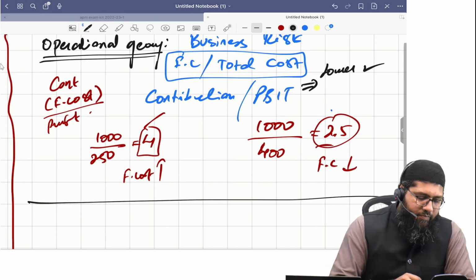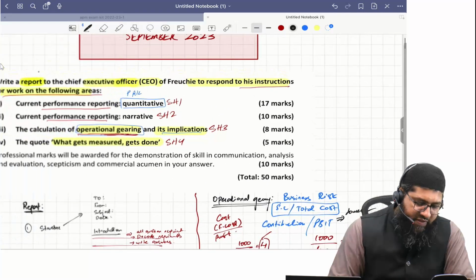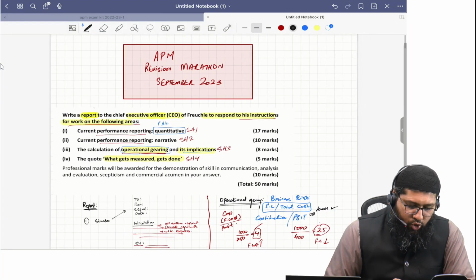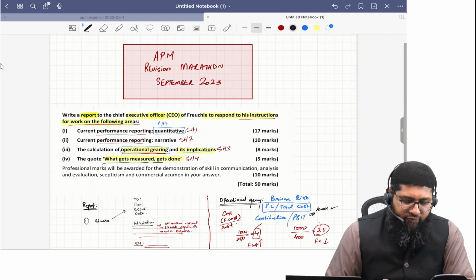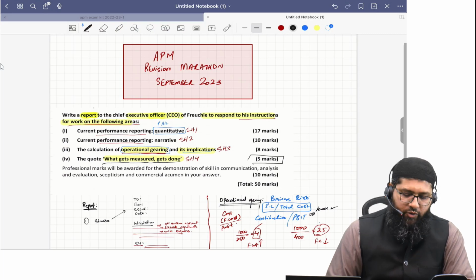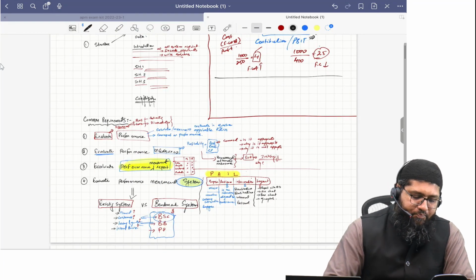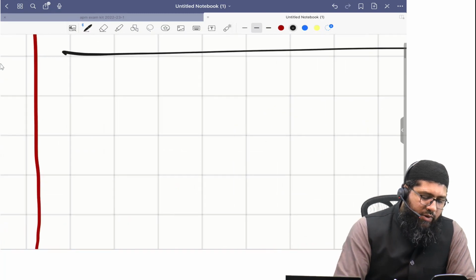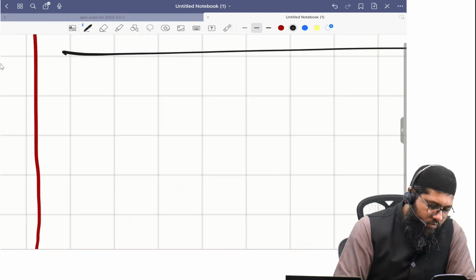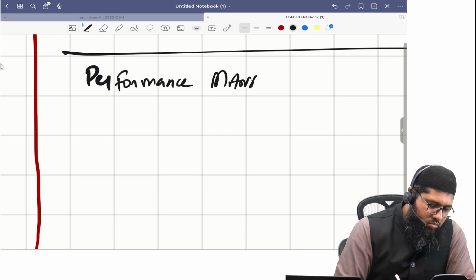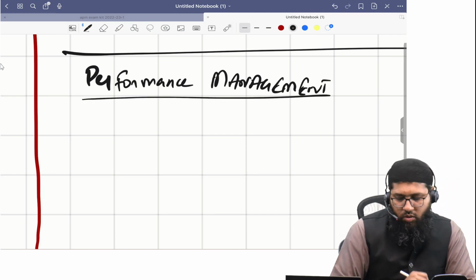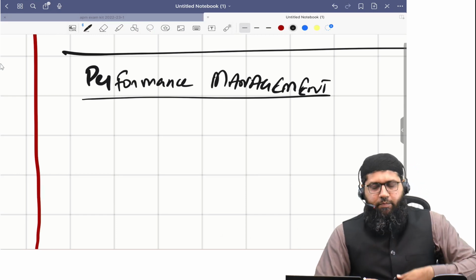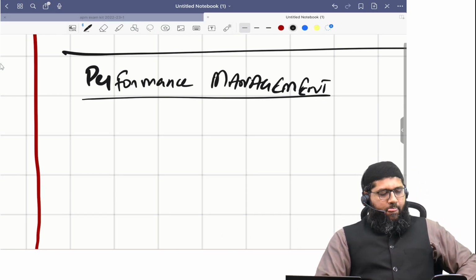Now, lastly, the last requirement of the question is the quote, what gets measured gets done, a 5-mark requirement. You have to evaluate. Now, a very important area. Basically, we are talking about performance management, right?